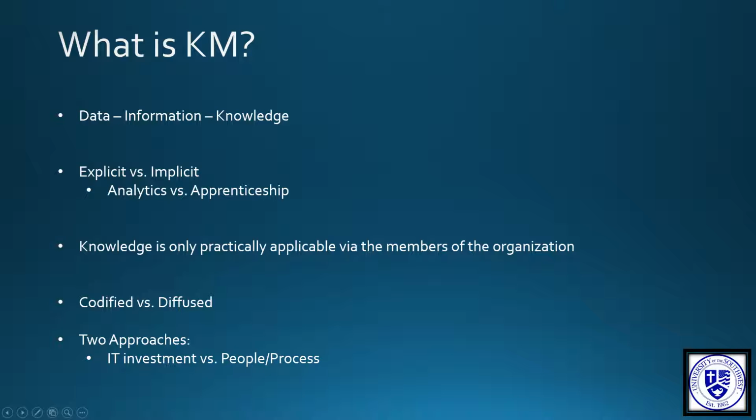We can take those pieces of data, those data points, you know, an invoice over here to Joe Smith, a payment information over here from Katie Turner or whomever, and we put all this stuff together into kind of an aggregated format, and we start referring to it as information. So now we kind of move up the scale.